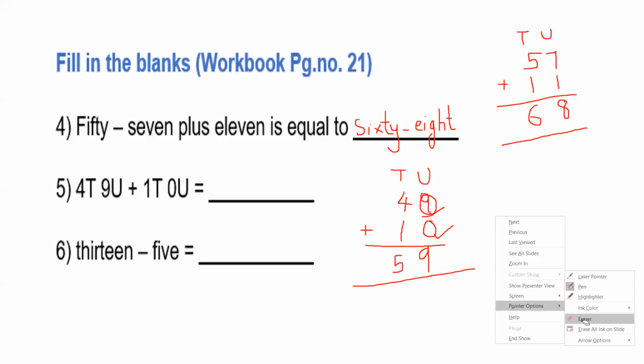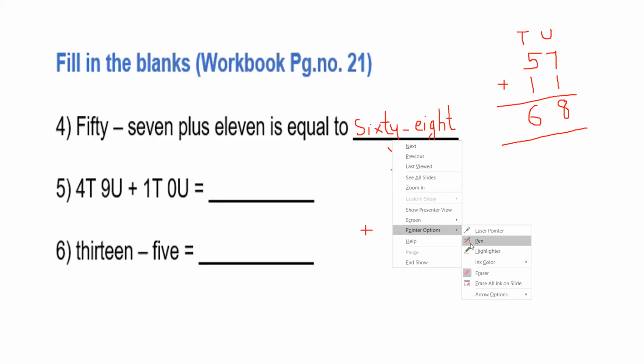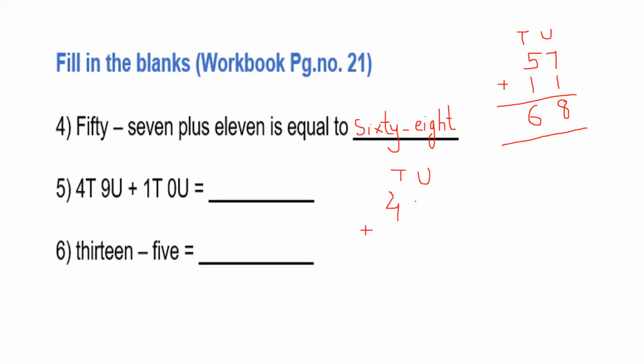See here. 49 plus 10. 9 plus 0 is equals to 9. Always remember, whenever we add or subtract any number with 0, that number only will be the answer. Suppose 8 plus 0 will be 8.